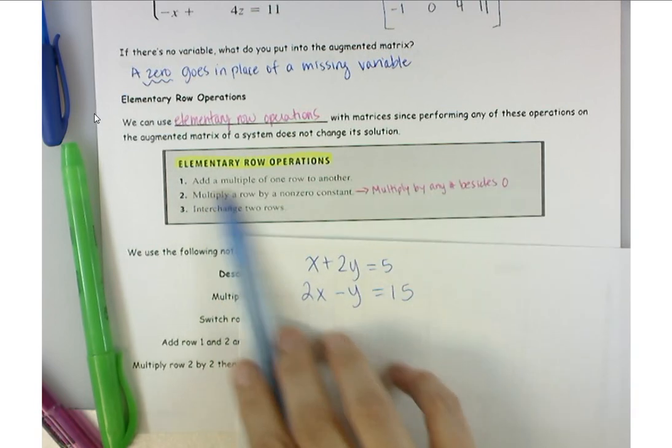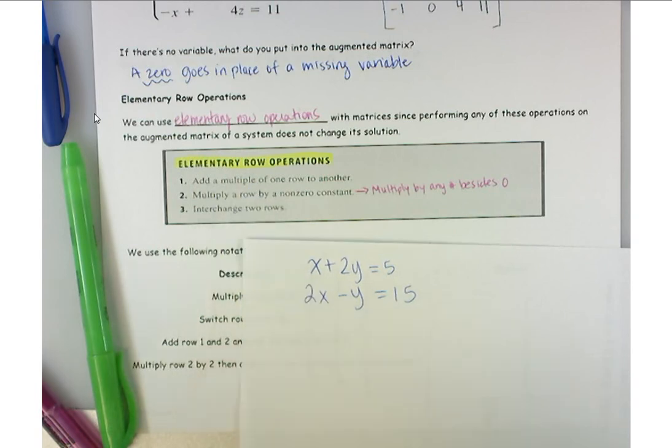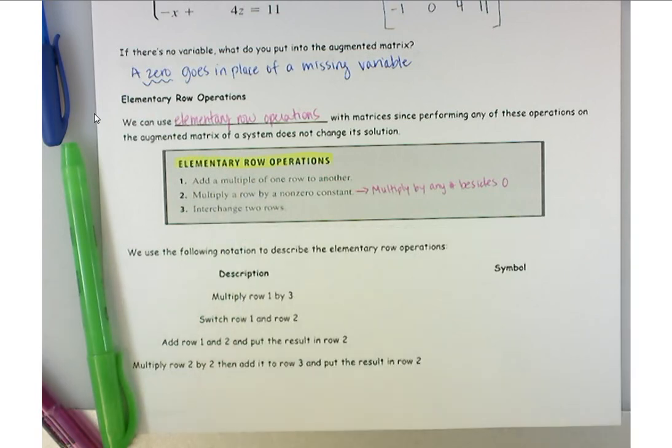When it says add a multiple, what's a multiple? Why is 6 a multiple of 2? Because you can multiply something by 2 to get to 6, right?